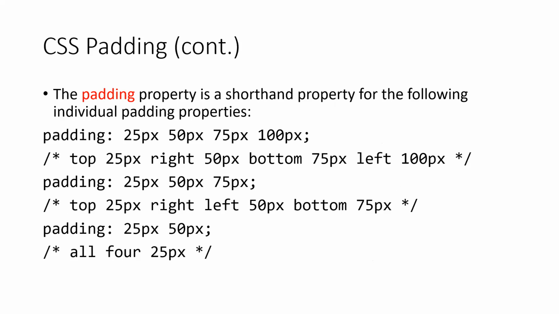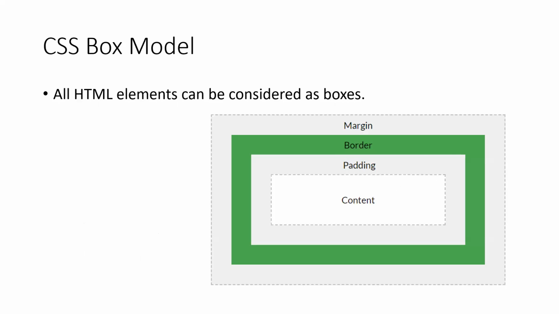You can specify the four places separately, or you can put three values, in which case the right and left are shared. So all the places you can have four values. That's about the padding.